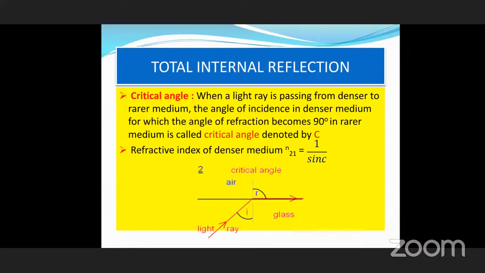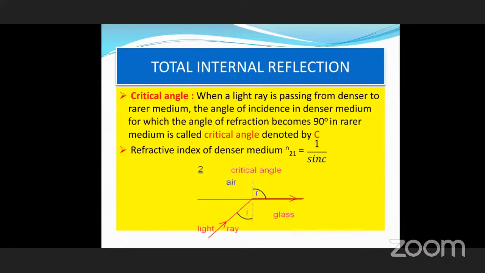But this refracted angle should be exactly 90 degrees. What does it mean? It exactly grazes the surface separating the two media, either air and glass. They are shown here. Light is traveling from glass to air; glass is the denser medium and air is optically less dense than glass.